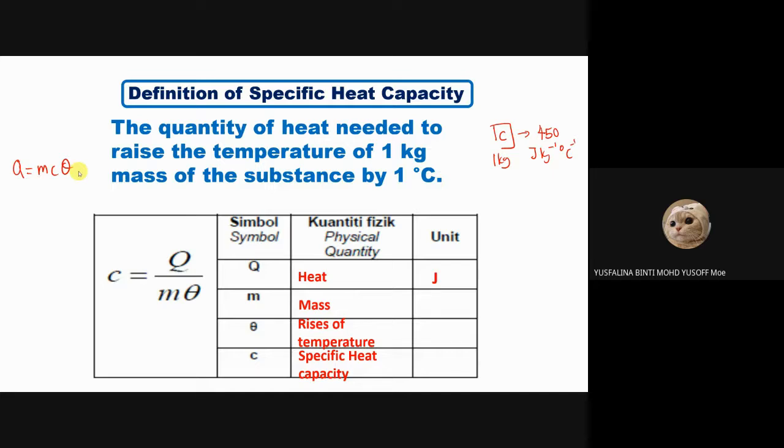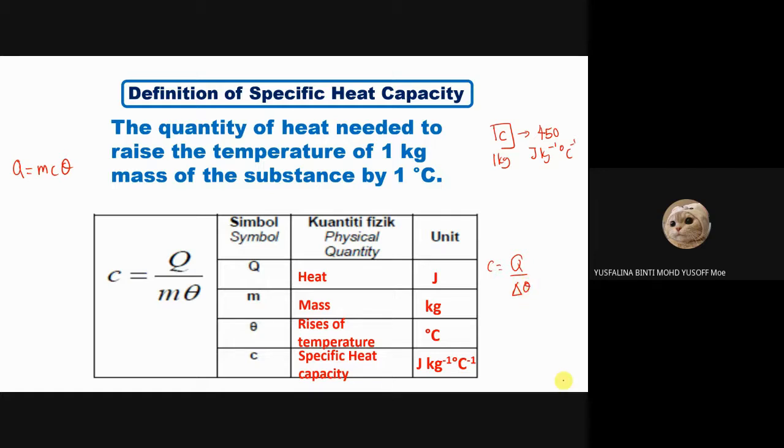So the unit of heat is joule, the mass must be in kg, the rise of temperature must be degree Celsius, and the specific heat capacity unit must be J kg negative 1 degree Celsius power of negative 1. So this is the formula for specific heat capacity. It's different from just now, that is Q divided by change of temperature, right?